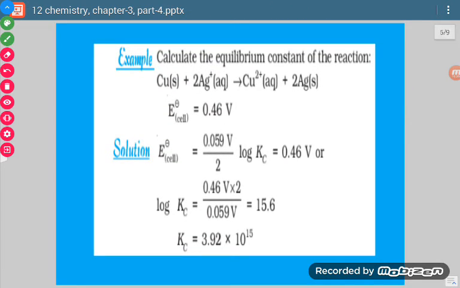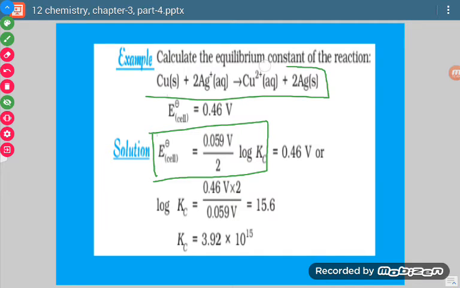Now let us solve one example. Here one cell reaction is given to us and E naught cell value is also given. Okay, so we will apply the formula. Since Kc is to be calculated, E naught cell is equal to 0.059 over n log of Kc. Now when we calculate the value of n, this we have to write in our answer.